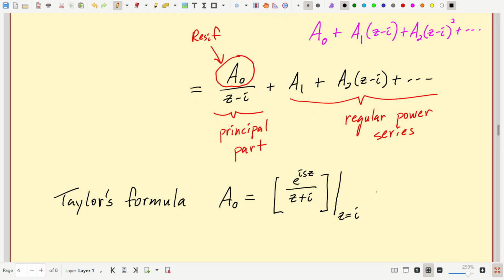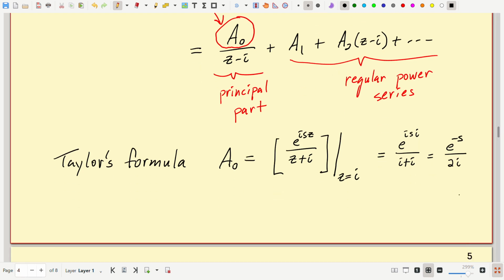And that's an easy thing to get. That would be e to the i s times i over i plus i. That's equal to e to the minus s over 2i. So I'm done.